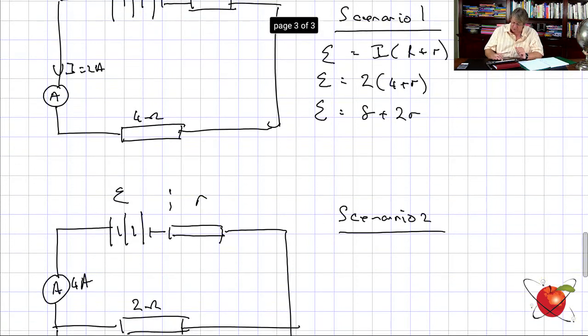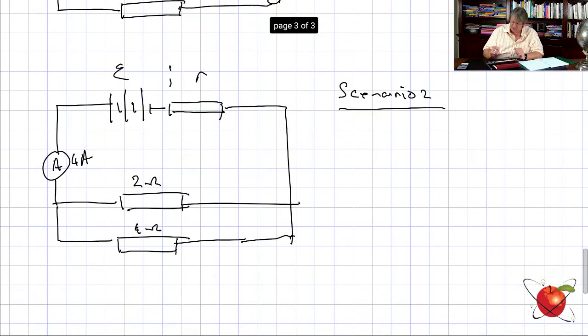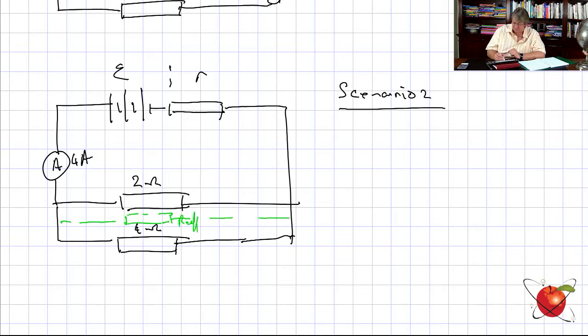Then scenario 2. Now in scenario 2, we've got the 2 resistors, so once again I'm going to have to find R effective. I say 1 over R effective is equal to 1 over 4 plus 1 over 2.